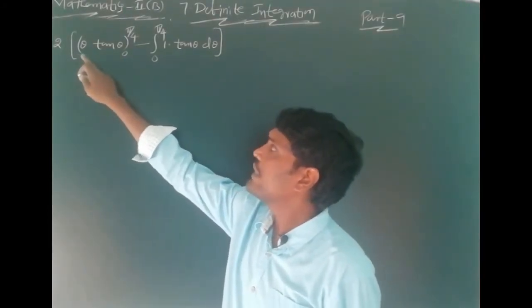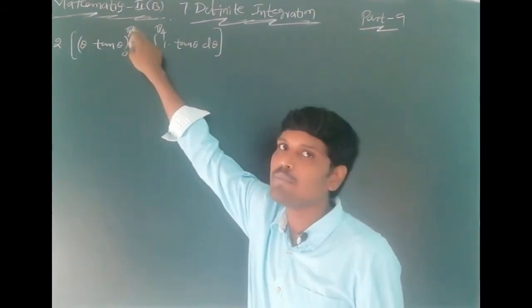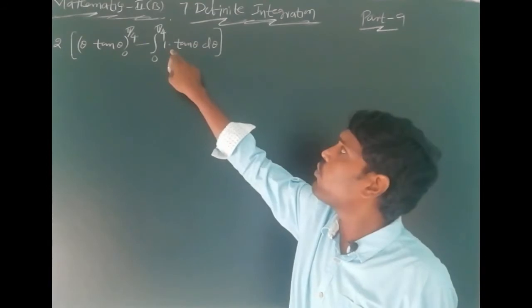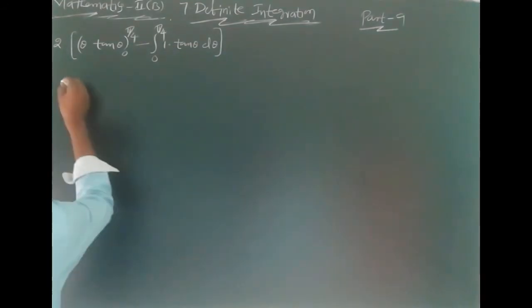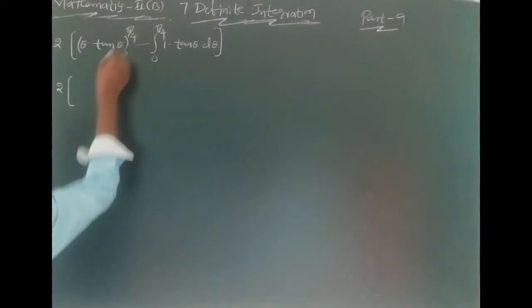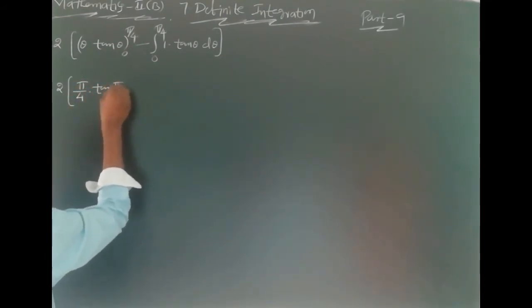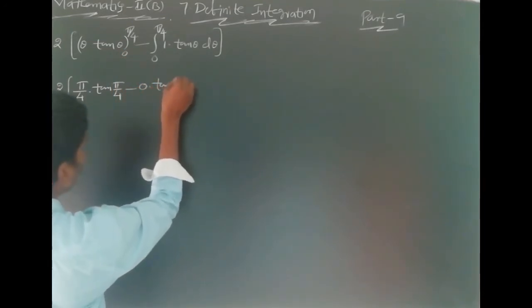2 into theta minus tan theta 0 to pi by 4 limits minus integral 0 to pi by 4 1 into tan theta into d theta. Next step is 2 into, first of all upper limit is pi by 4 into tan pi by 4 minus lower limit 0 into tan 0.